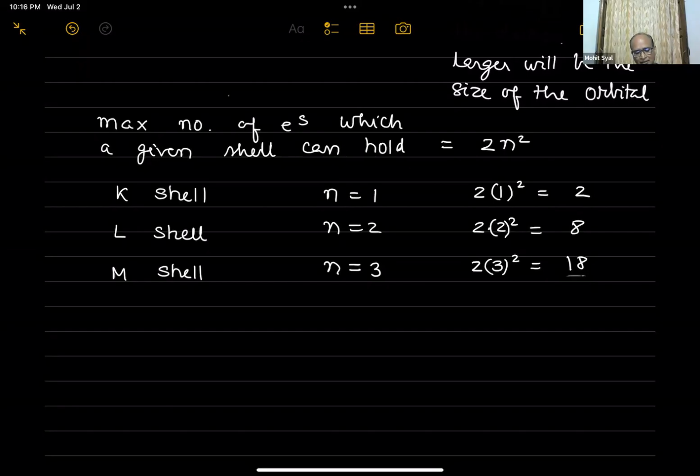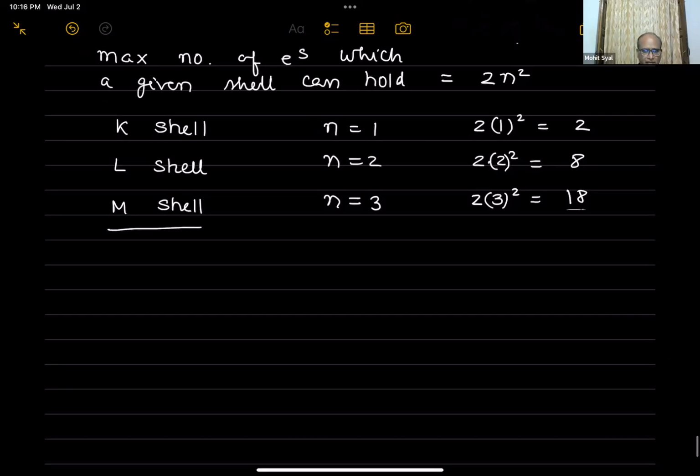So in the M shell, how many different orbitals will be there? How many different wave functions will be there for an M shell? 18 wave functions will be there. 18 different shapes of the waves, 18 different values of the psi.